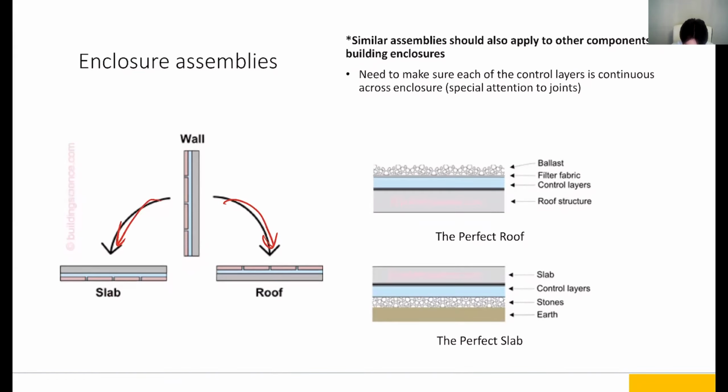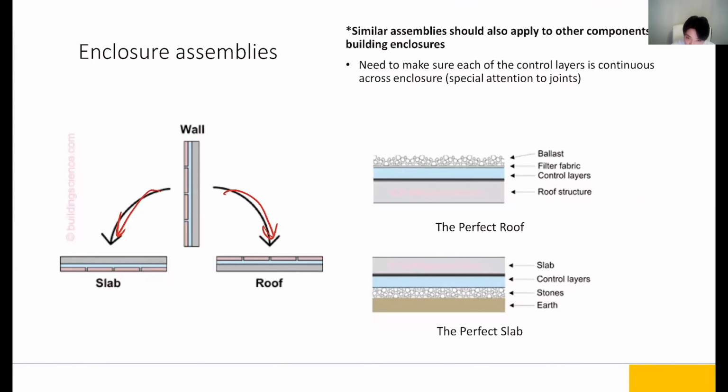If we look at the lower right picture, we have the perfect roof and the perfect slab. They're essentially just a different orientation of a wall. For the perfect roof, we have some material on the very top. We call it ballast, which is little pebbles that add a little weight to keep a certain layer in place, so the wind doesn't blow it away.